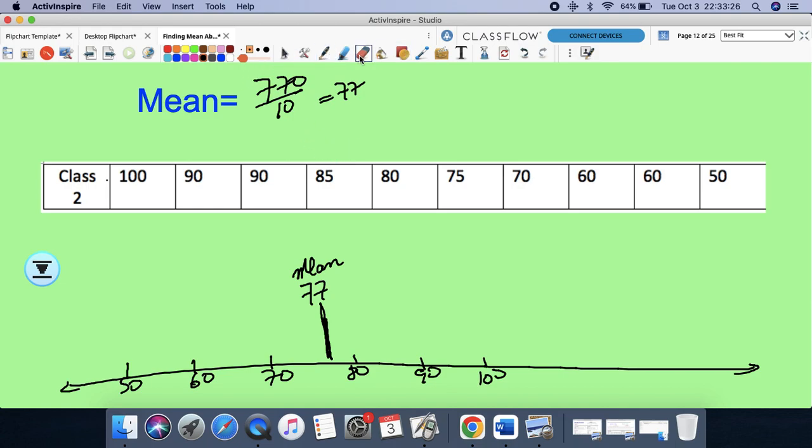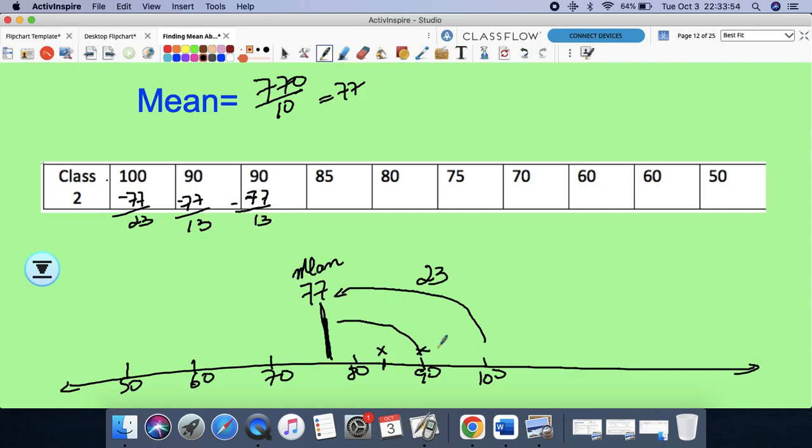Now, we're going to, again, find the distance. Look at 100. So, if you are at 100 and you walk to 77, that's how many? That's 23 steps, right? 90 to 77, you would walk 13. 85, which is here, to 77, that'd be 8.